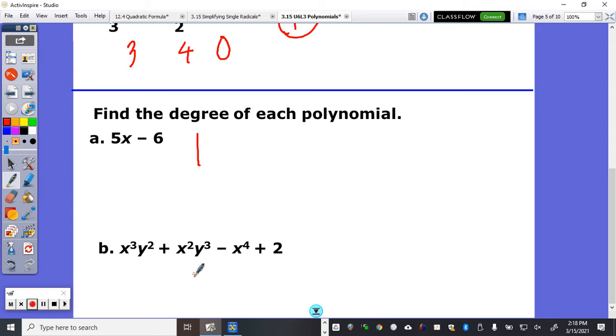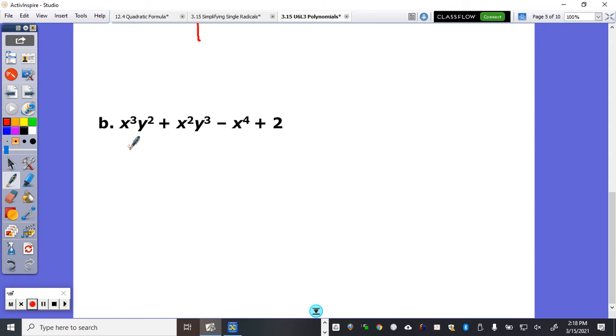What's the degree for this one? Hang on, everybody think about it for a second. And then EJ, what's the degree for this term right here? So this is 5.